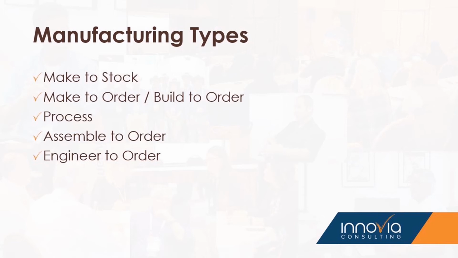So we're going to talk about types of manufacturing, and NAV is pretty versatile. We're going to talk about make-to-stock manufacturers or even distributors, make-to-order/build-to-order, process, assemble, and engineer.